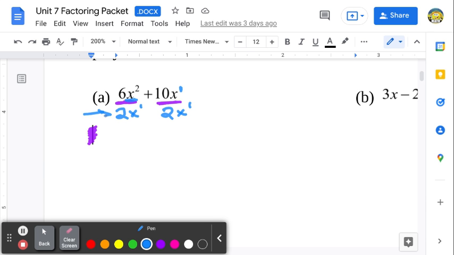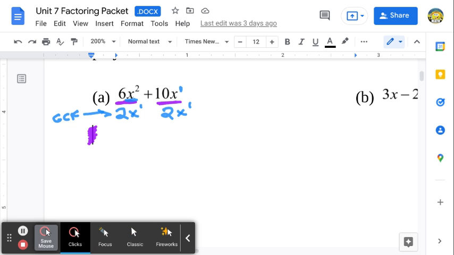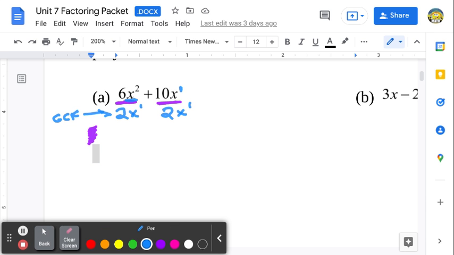This right here is our GCF. So our directions put the GCF in front of the parentheses, not writing "GCF." So we got 2x. Okay. Here's our parentheses.